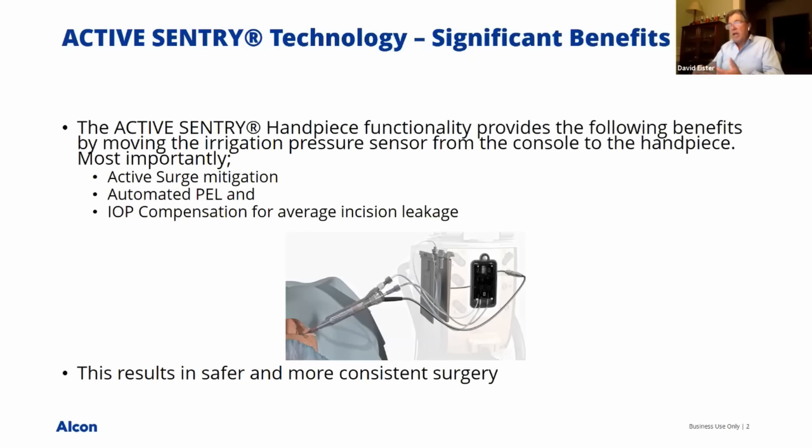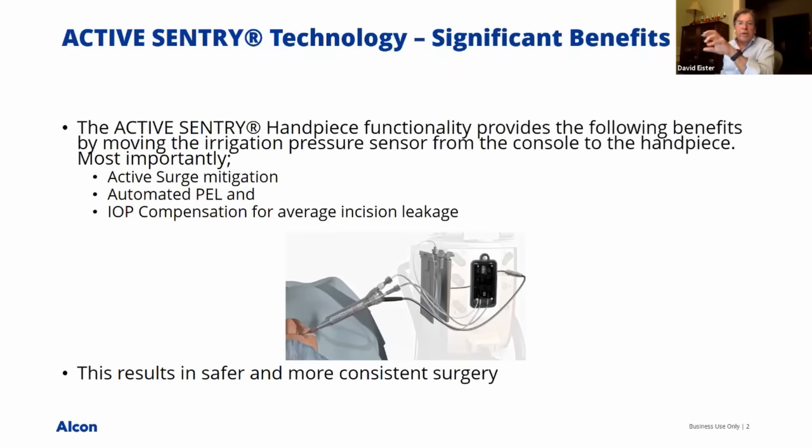And so there are really three important things that Active Sensory brings to you as surgeons. Number one is it actively mitigates surge. The second thing is that it sets patient eye level automatically. And third, it adjusts for average incision leakage. And it does it because we are moving the sensor from the system to the handpiece.